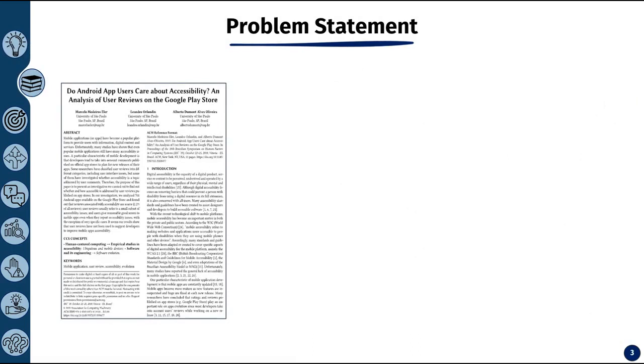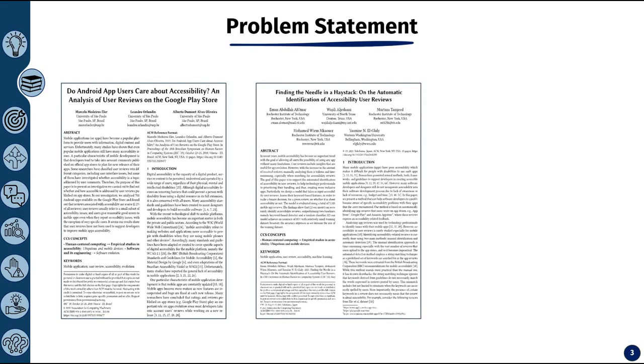The first paper studies accessibility in user reviews, where the authors mined 180 million user reviews to identify accessibility user reviews. The second paper performed automated identification using a machine learning model on the first paper's dataset of user reviews.